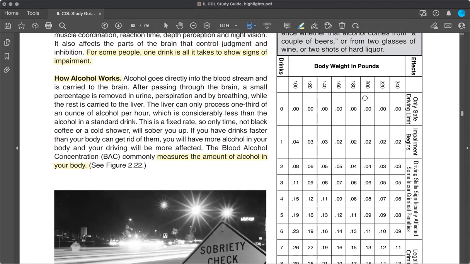Just knowing that is specifically why we don't want to have any alcohol in our system when driving, specifically when driving a school bus. And that's covered in section 1, where we learned 0.00% BAC is the acceptable limit for driving a school bus.